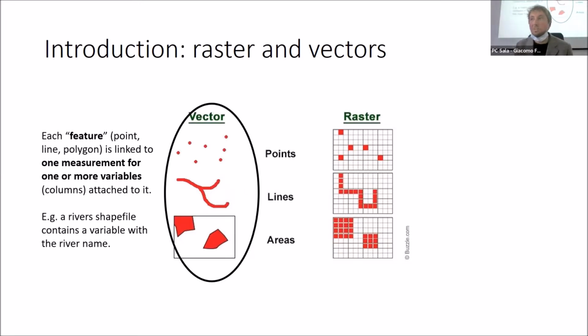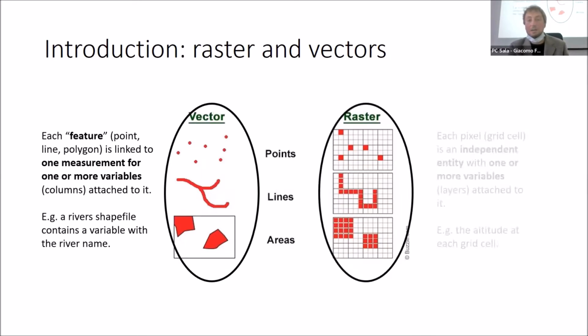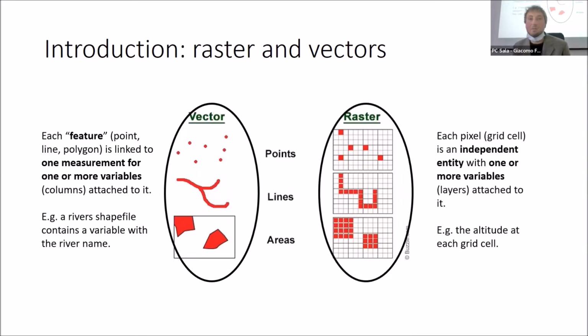So discrete units of space, which can be point coordinates or lines or polygons. Instead, rasters are gridded structures where you have continuous values over the space, or grid cells, which are regular repeated units over space, and they are more suitable for continuous measurement. For instance, the measurement of altitude over space.